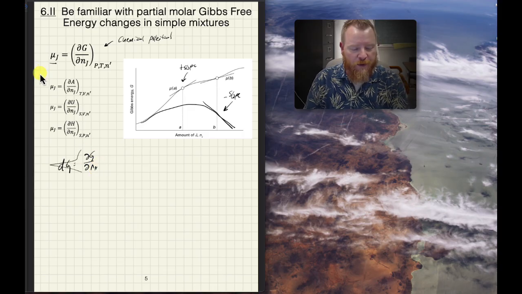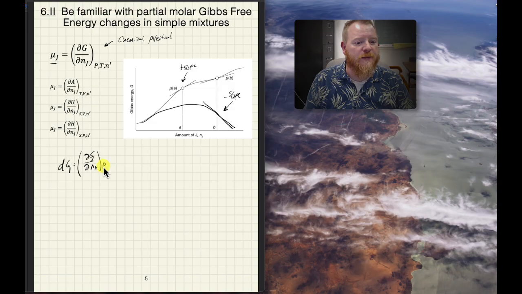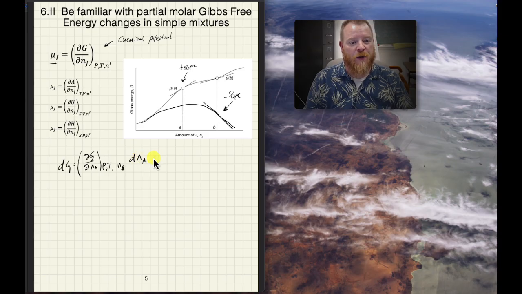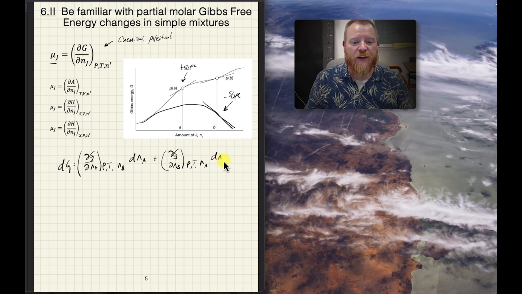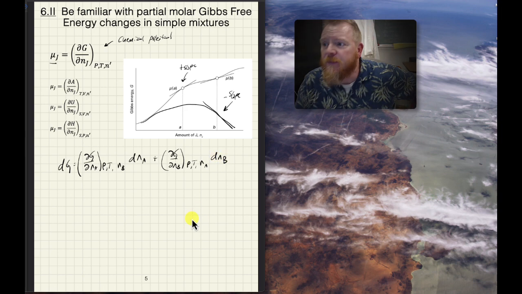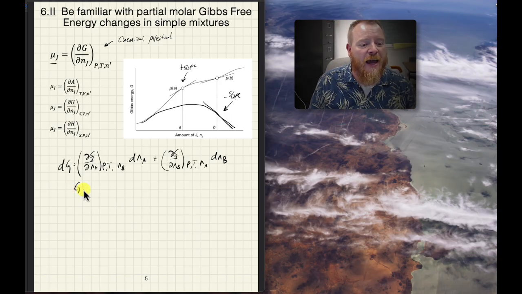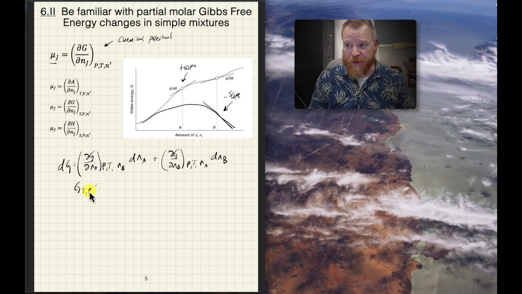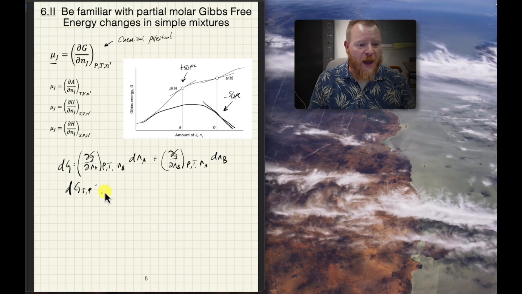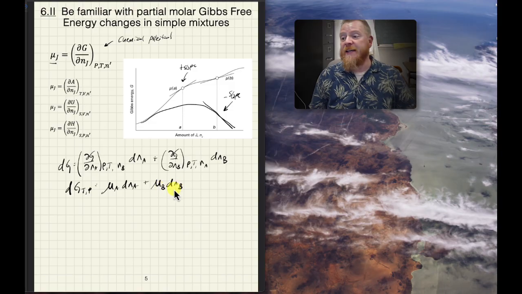Now that's constant pressure, constant temperature, and number of moles of B is held constant for changes in the number of moles of A. And then we'll do the opposite, where pressure and temperature, and this time number of moles of A, is held constant for changing number of moles of B. So if we think about doing this at just constant temperature and constant pressure, dG, then we will have mu A dNA plus mu B dNB.